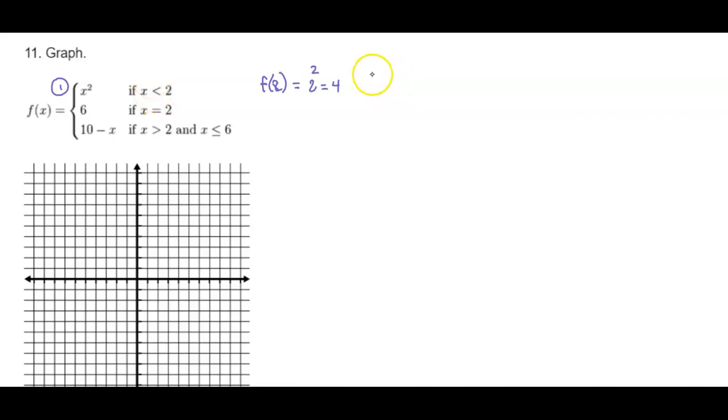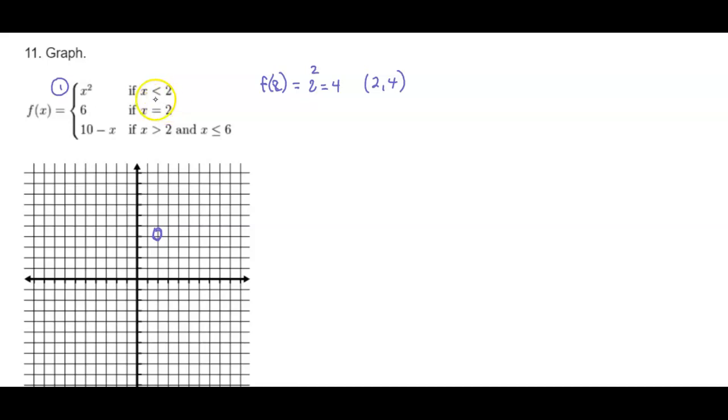We have an open circle at the point 2, 4. All right, so at 2, 4, I'm going to put an open circle. Now we don't want any graph to the right of that because this is our rightmost point. We want the graph that is to the left because of this less than sign. We want the graph to the left of 2.